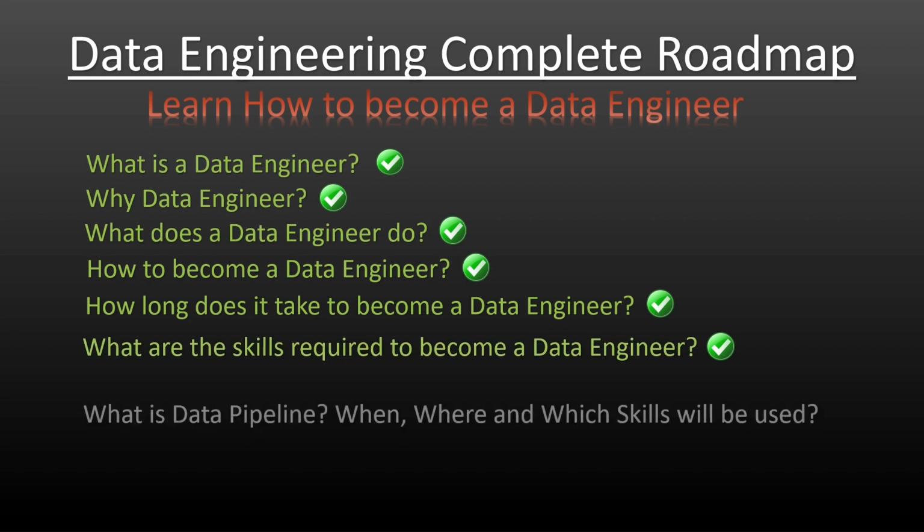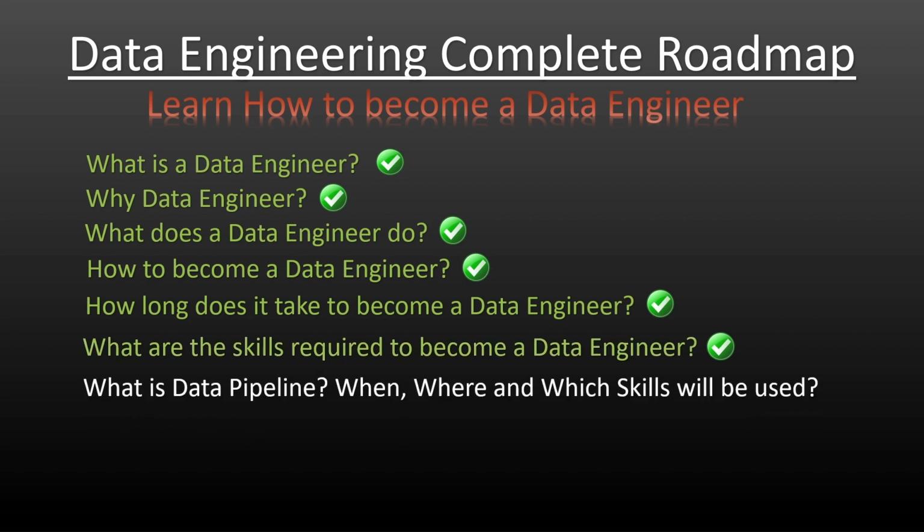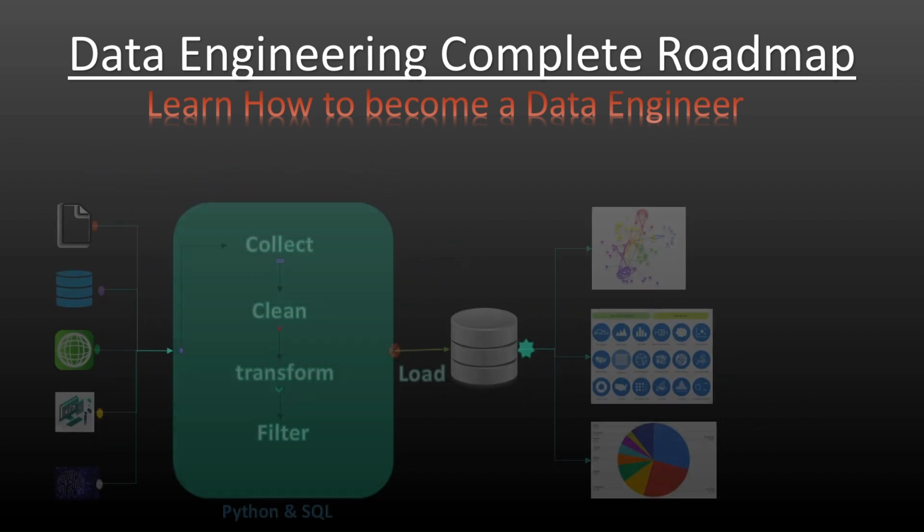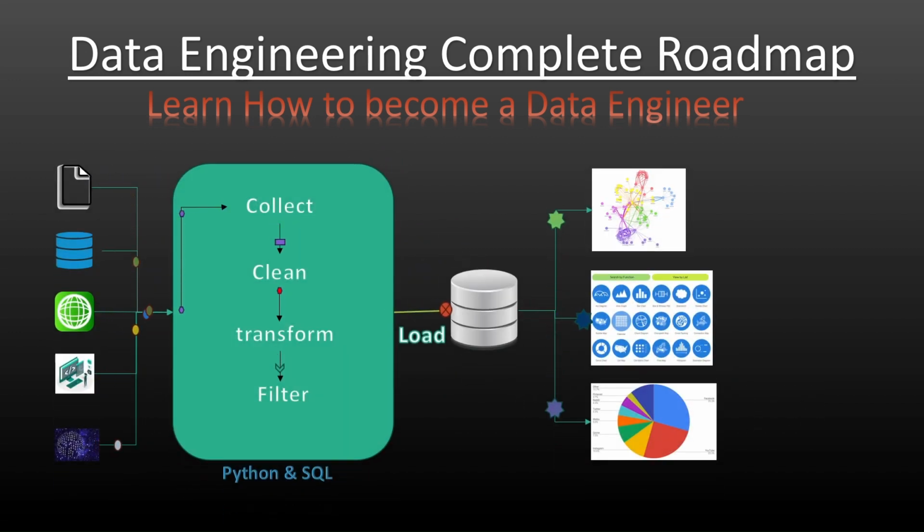The next question is, what is the data pipeline, and when, where, and what skills will be used? To know the answer, we will go through an architecture diagram. You can see here we have multiple data sources on the left side.